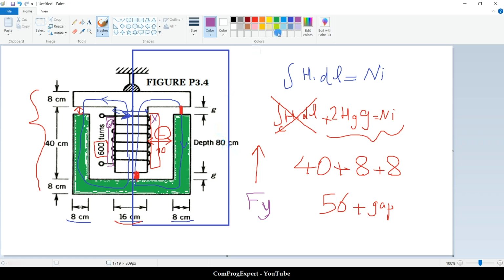The depth of the problem is given here, 80 centimeters. So we can calculate the cross-sectional area of these 3 air gaps. Yes, we have 3 air gaps. We have one component of the force here, one component of the force here, and another one here.